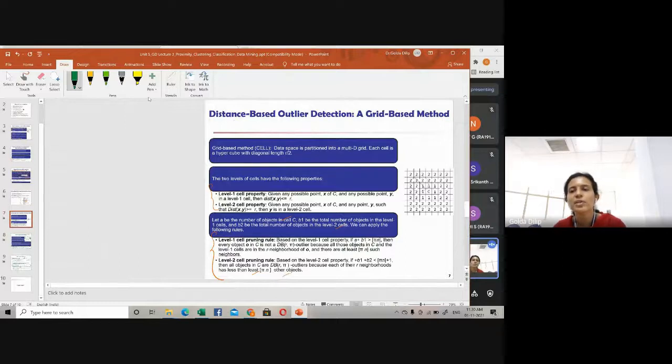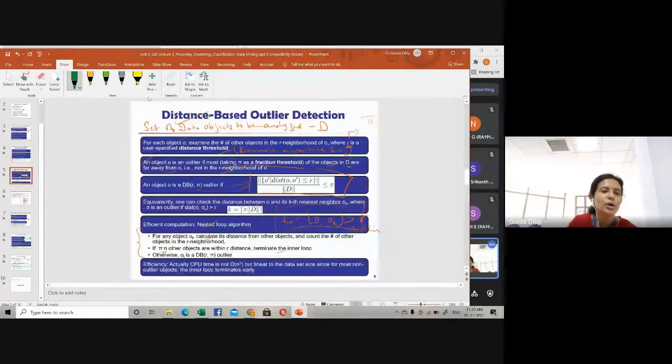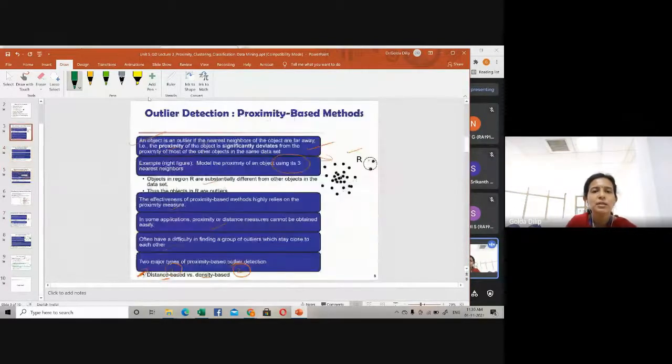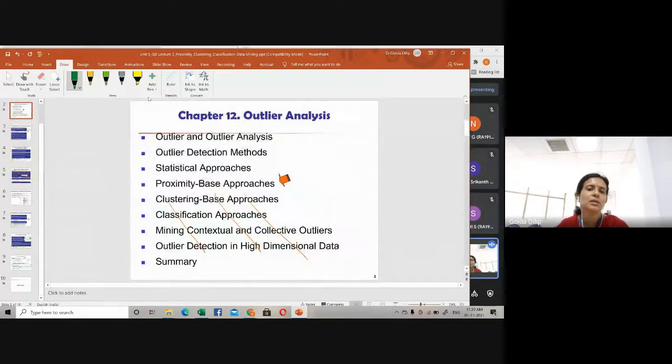The distance based measure makes use of the grid based method with two levels, level 1 and level 2, with certain properties and the pruning rules we looked into. That's regarding the statistical and proximity based methods for outlier detection.